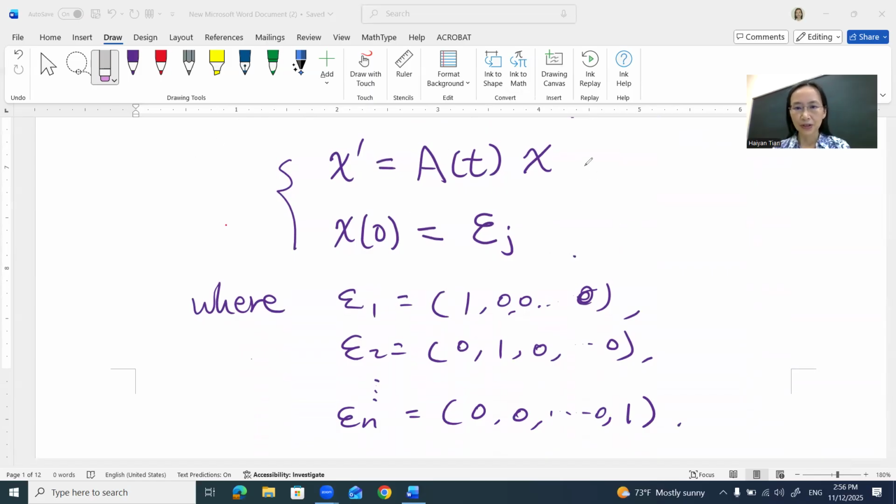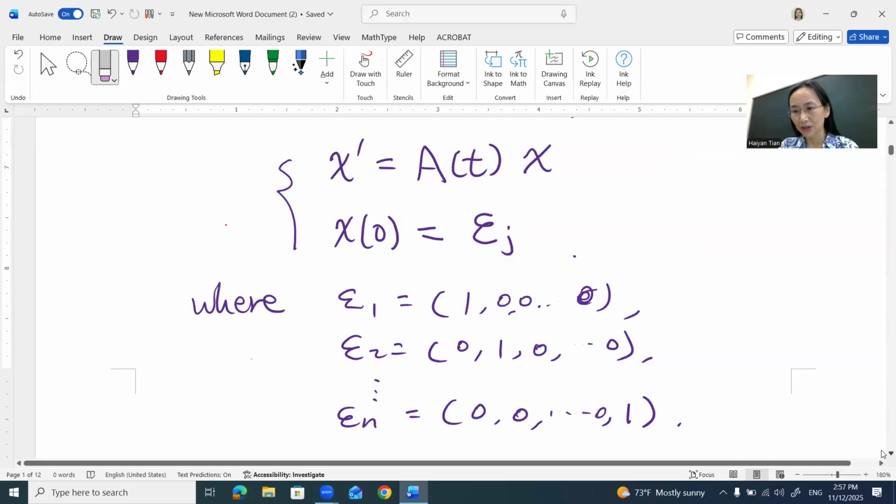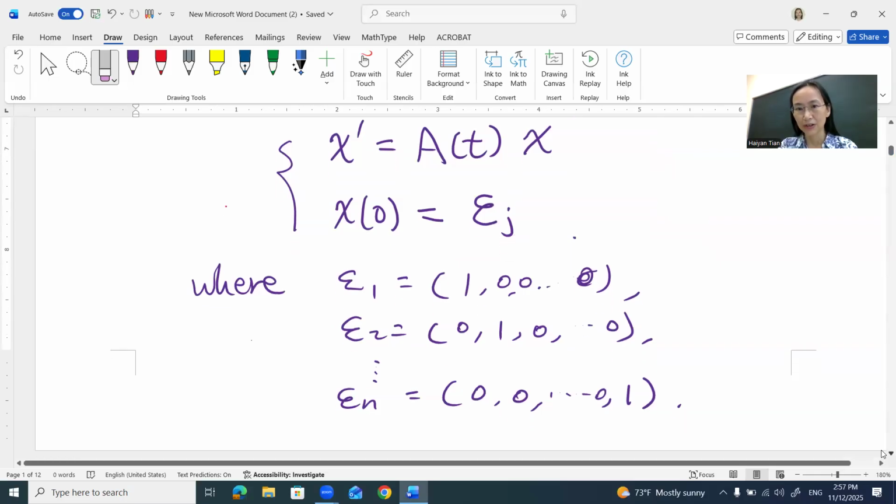So here, this is the homogeneous linear system subject to an initial data given by epsilon j. For this initial value problem, we denote its solution by gamma j. After we solve these n initial value problems, we find the n solutions, because each gamma j is a solution to an initial value problem.